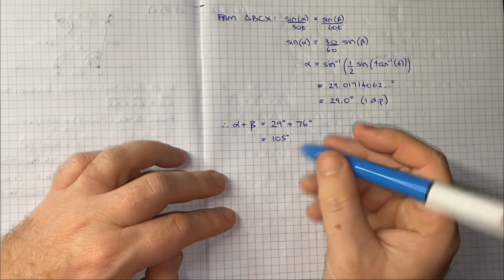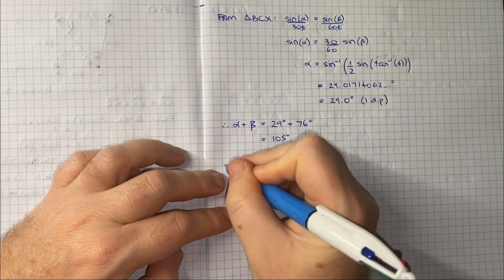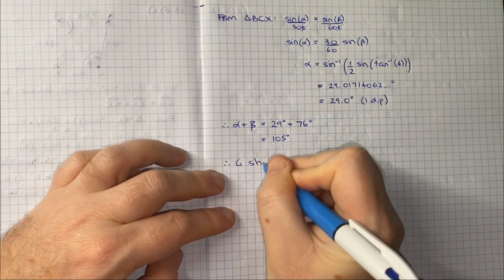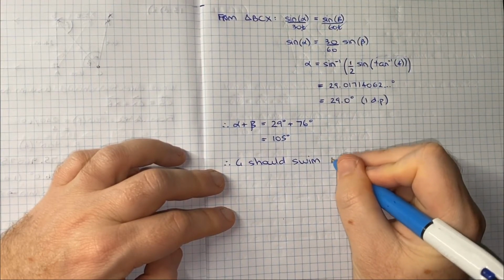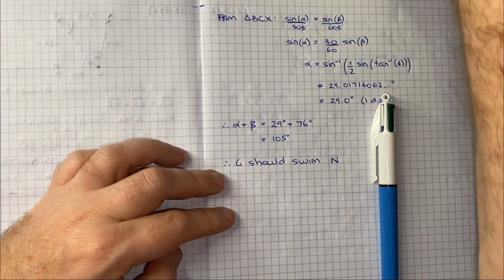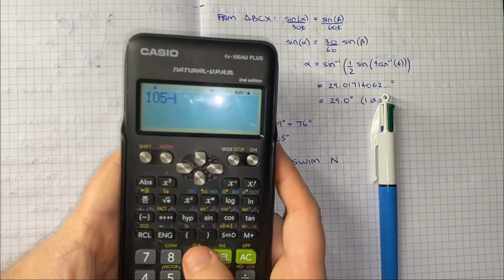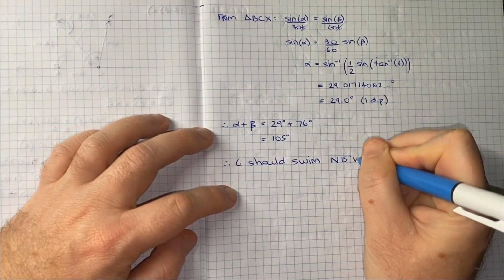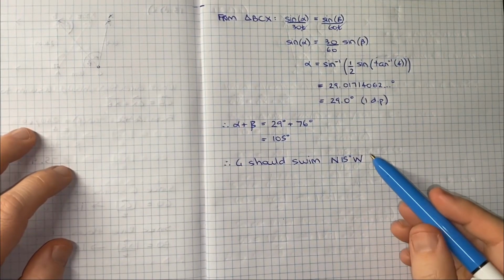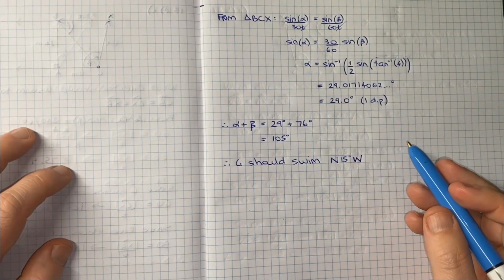So we could say, therefore, G should swim north, and the amount west he goes will be 105 minus 90, which is 15 degrees. So north, 15 degrees west. And I reckon that's all you'd really need to do to get your marks for this question.